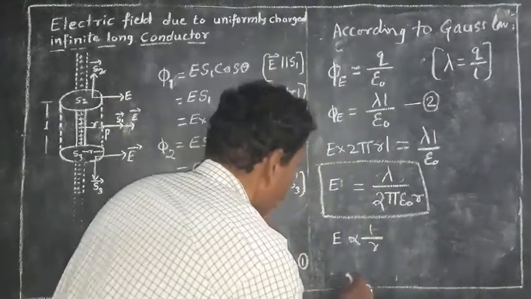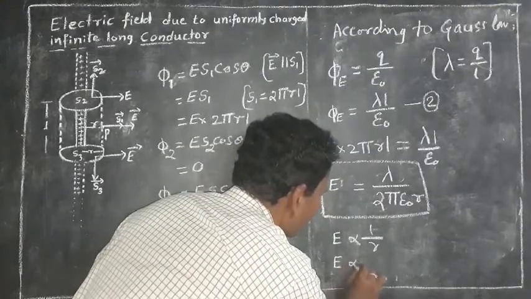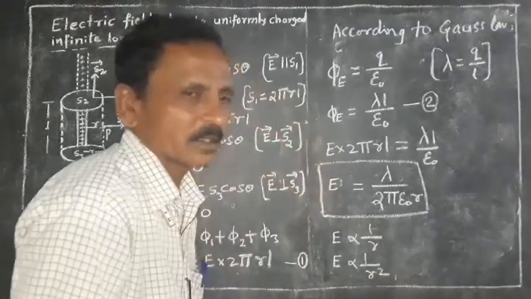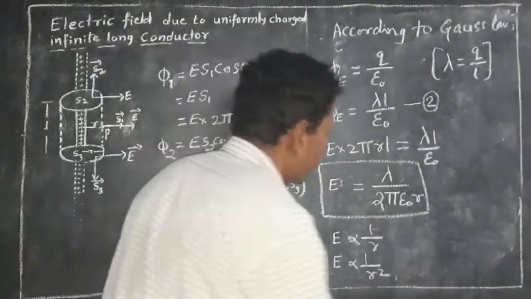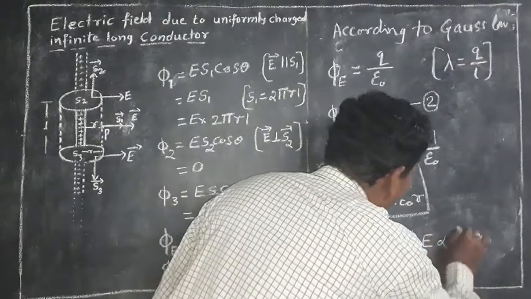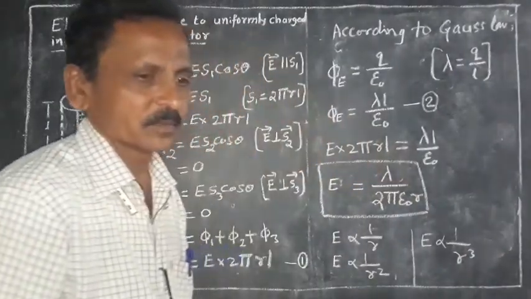And in case of a point charge, intensity is inversely proportional to the square of the distance between the point charge and the point. And in case of a dipole, electric intensity is inversely proportional to the cube of the distance.